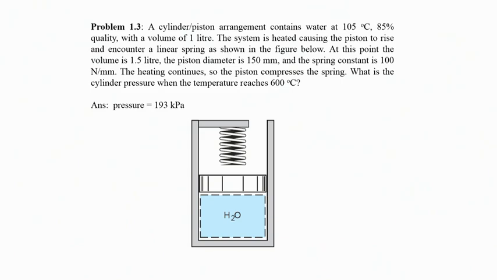At this point the volume is 1.5 liter, and the given data is that the piston diameter is 150 millimeter and spring constant is 100 Newton per millimeter. The heating continues so that the piston compresses the spring. What is the cylinder pressure when the temperature reaches 600 degree centigrade?